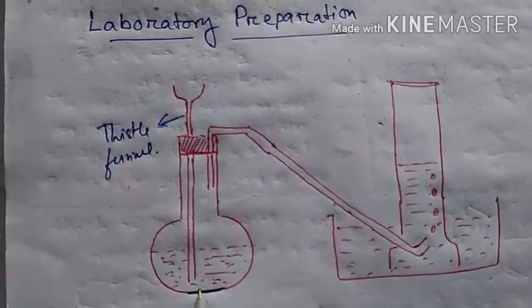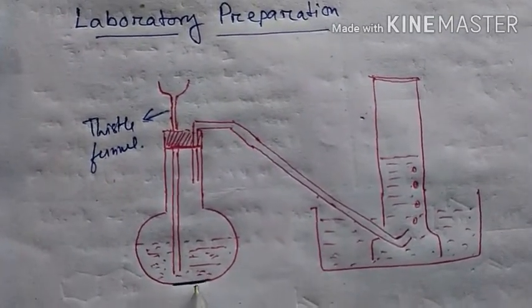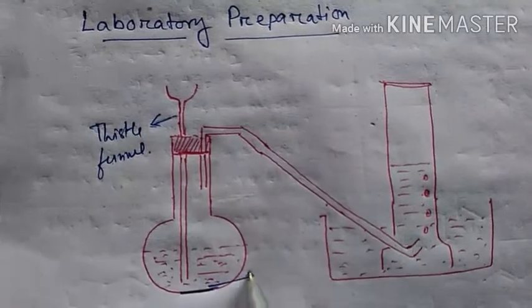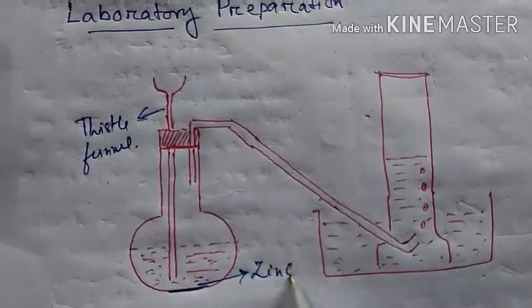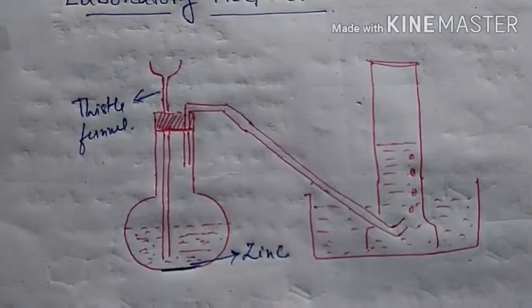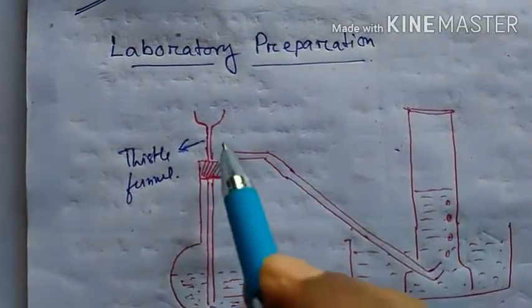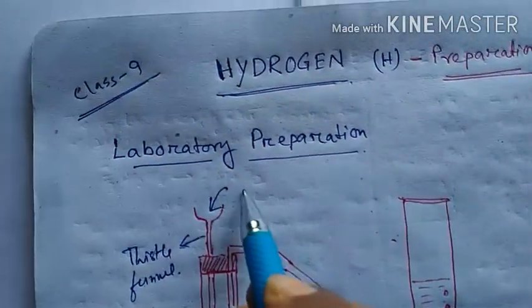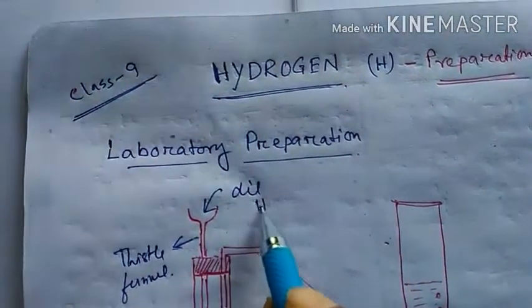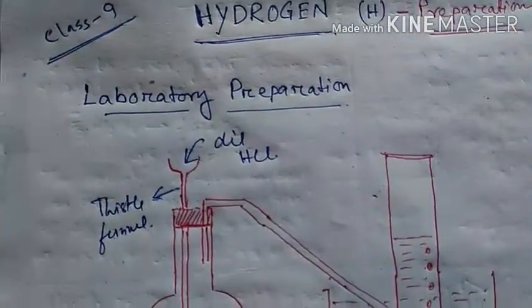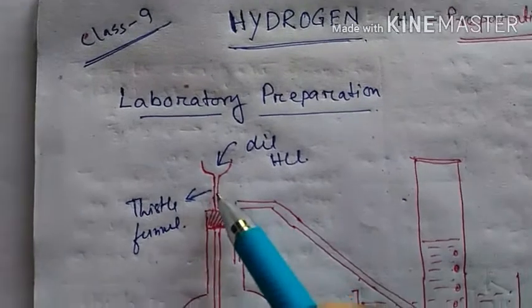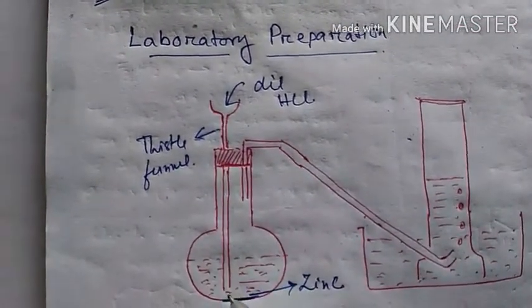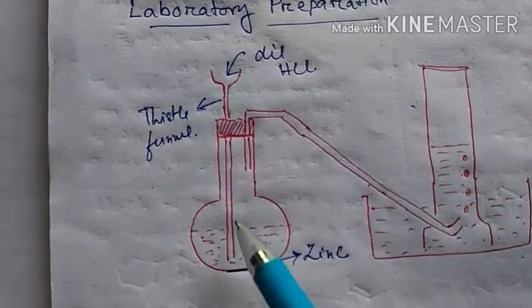Now we take some zinc, actually granulated zinc, over here. Dilute hydrochloric acid will be poured from here, and this thistle funnel should be submerged into the acid.